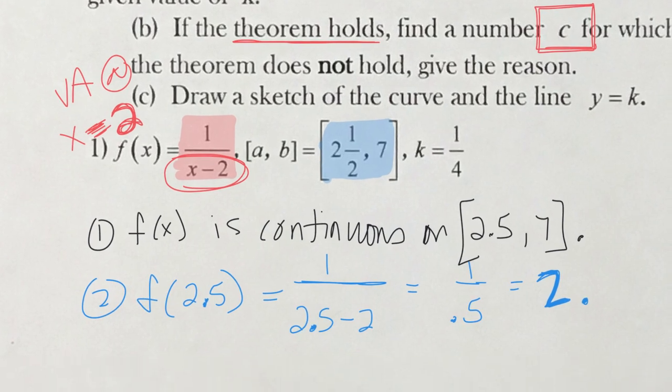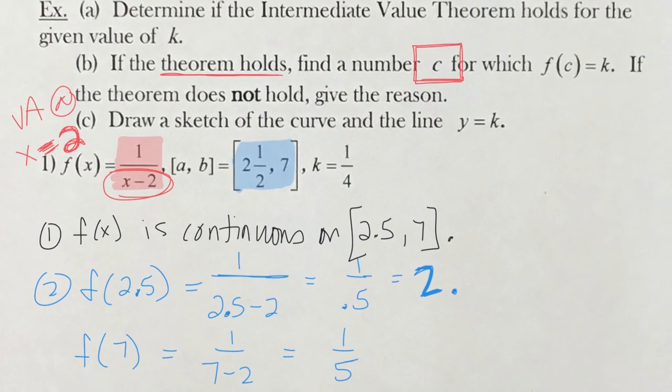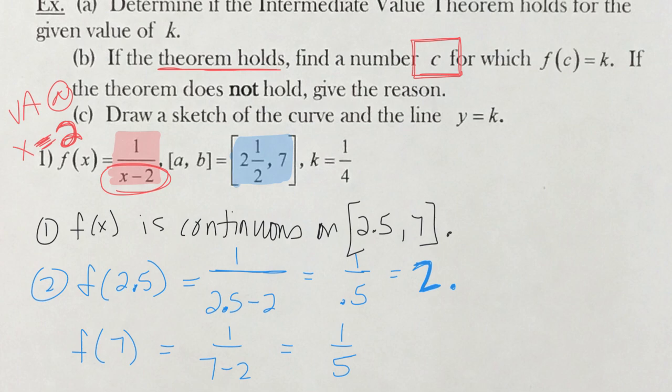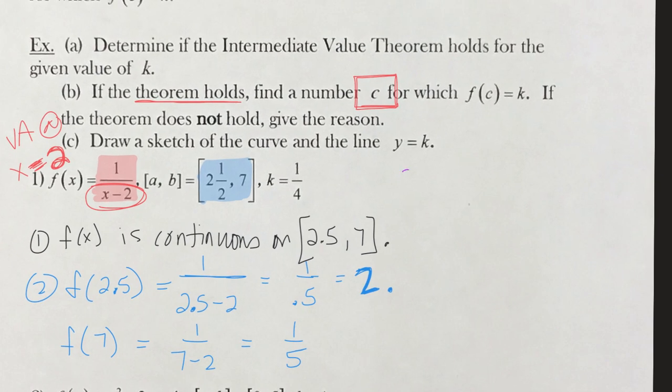One of my endpoints is 2, and let's check the other one, f of 7, which is 1 over 7 minus 2, which is just 1 over 5. So now we have to say, is our value of 1/4 between positive 2 and positive 1/5?